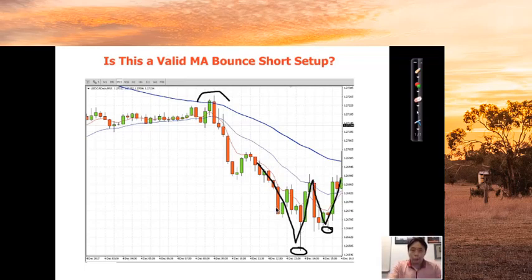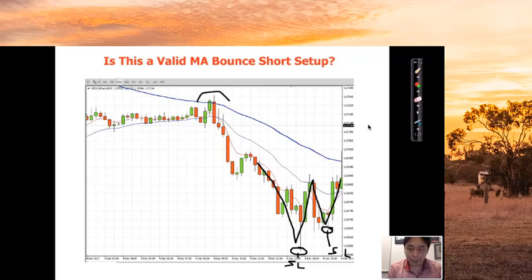So this is a swing low, and you can see that this recent swing low is higher than the previous swing low. So that is not valid. Remember that the recent swing low must be lower than the previous swing low. It must make lower lows. But in this case, it is making higher lows. So that is not a highly probable downtrend setup.